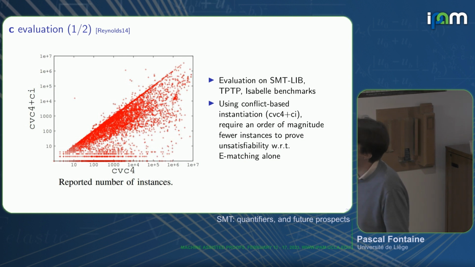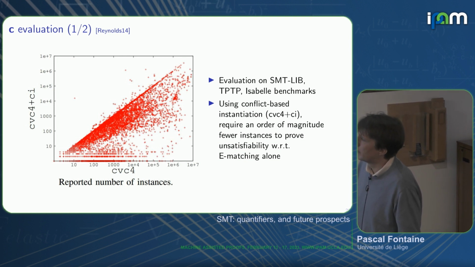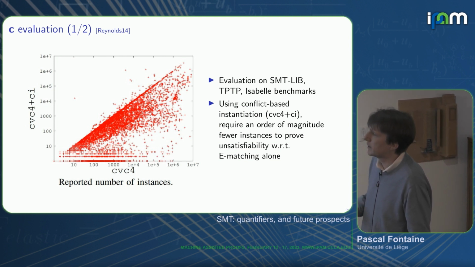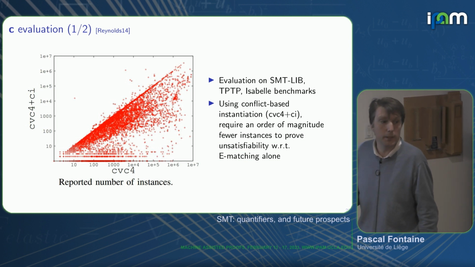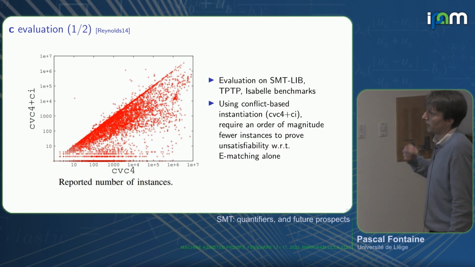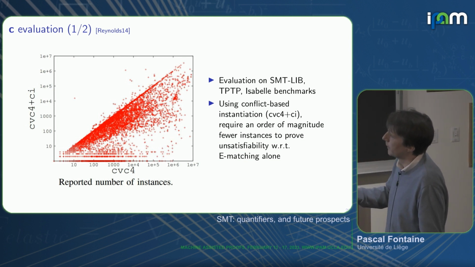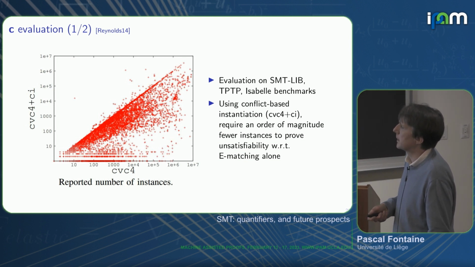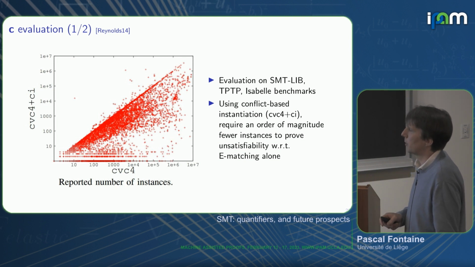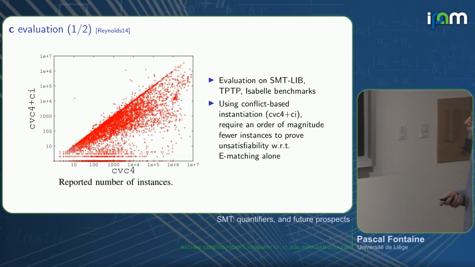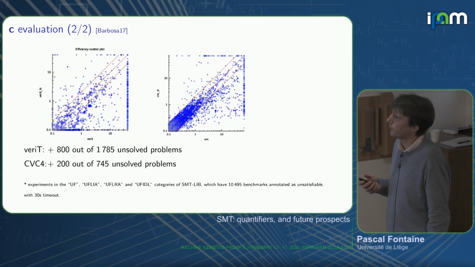Each time you have a dot below the diagonal here, it means that the new version of CVC with conflicting instantiation is better than the older one. You see clearly that using conflicting instances makes CVC incredibly better for dealing with instances.